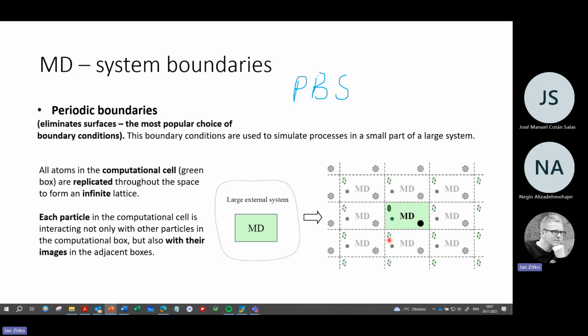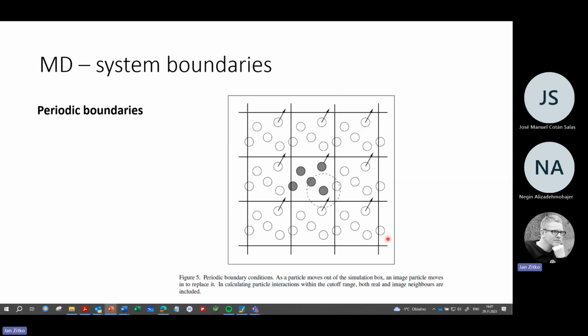For example, I think I have it on the next slide, yes. Imagine that we have a particle here in the primary cell, which is getting close to the boundary of the cell, and it has the tendency to go from here to here.